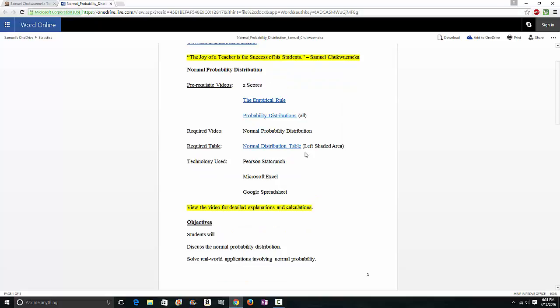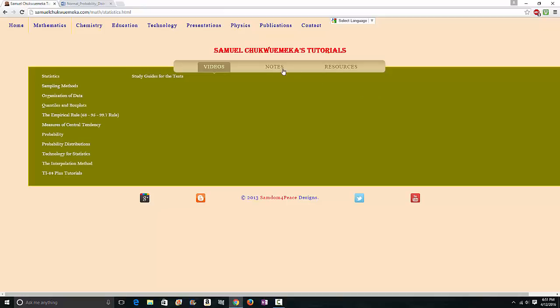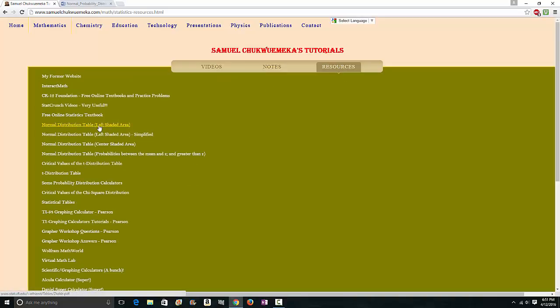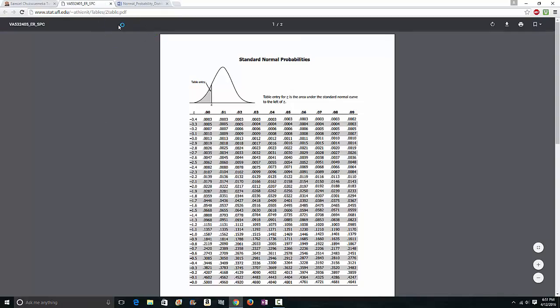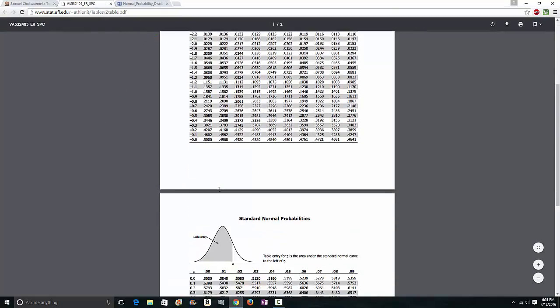In this video, we shall use the normal distribution table, and we shall use the left shaded area. If you click on the resources section, you will see the left shaded area here. I got the table from the University of Florida.